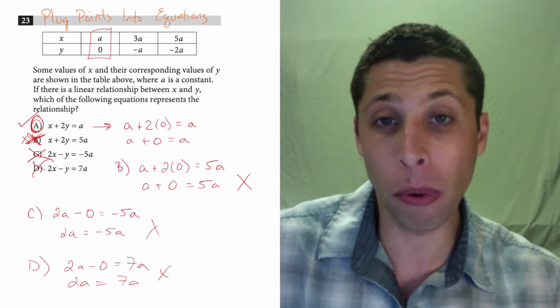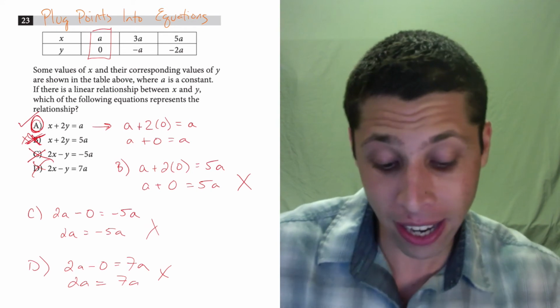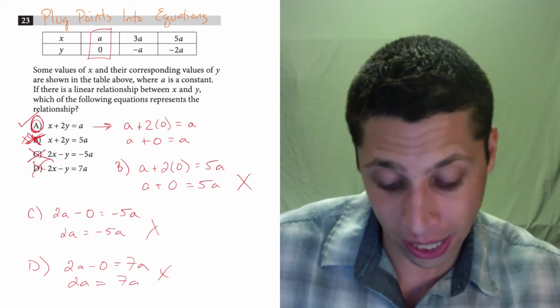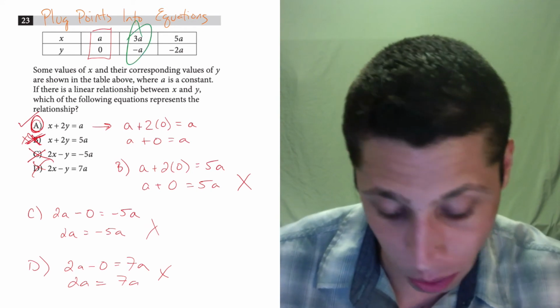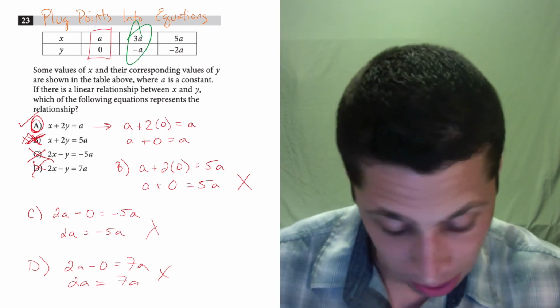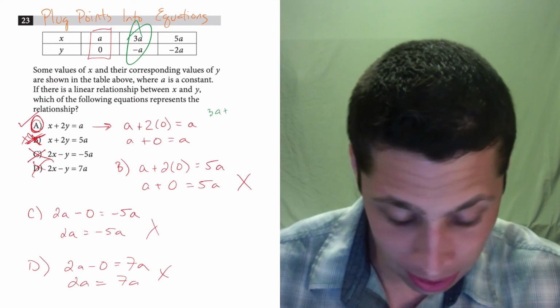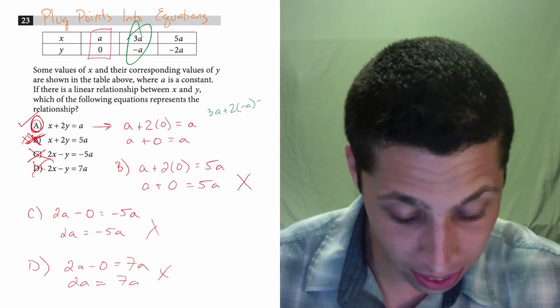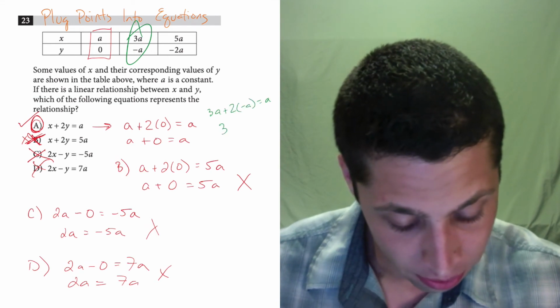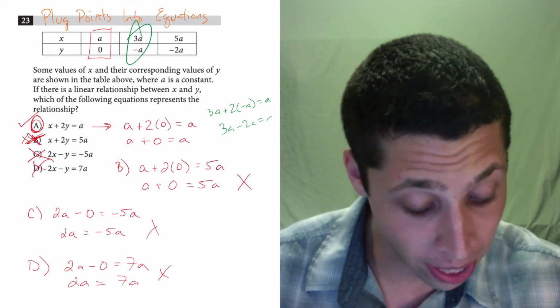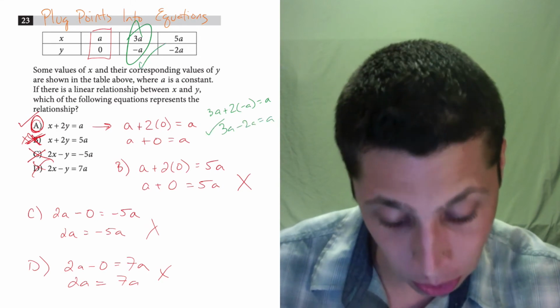Well, I've got 2 other points. I would just plug those in instead. And if I really wanted to check choice A, I could do the same thing with these other points, right? So 3A and negative A should work. Let's squeeze that in here. And choice A, 3A plus 2 times negative A is equal to A. 3A minus 2A is A. Check. So this point also works.